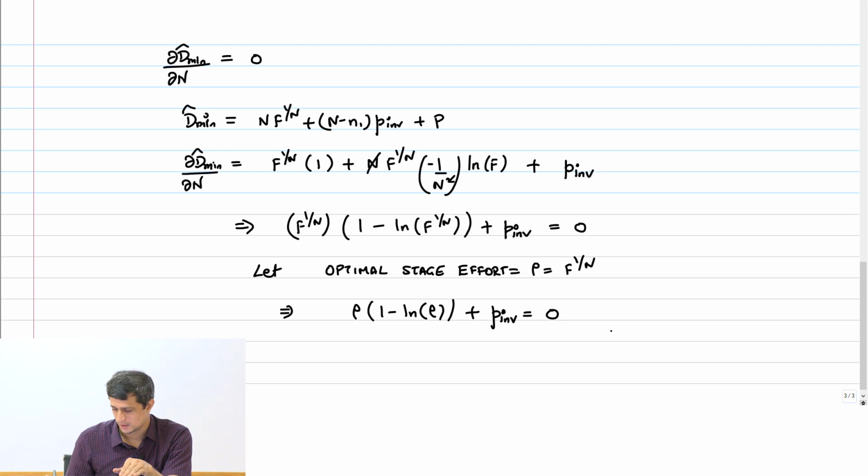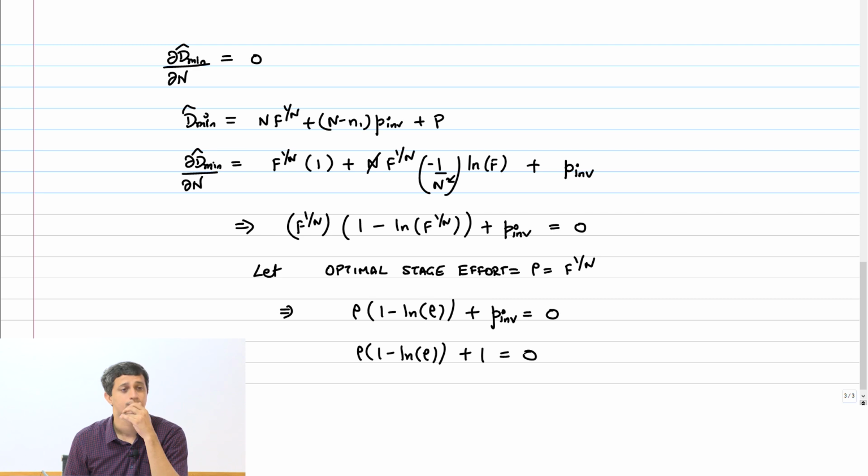Now, if P inv is 1, we are talking about a standard static CMOS inverter, then this will simply become rho into 1 minus ln of rho plus 1 equal to 0.